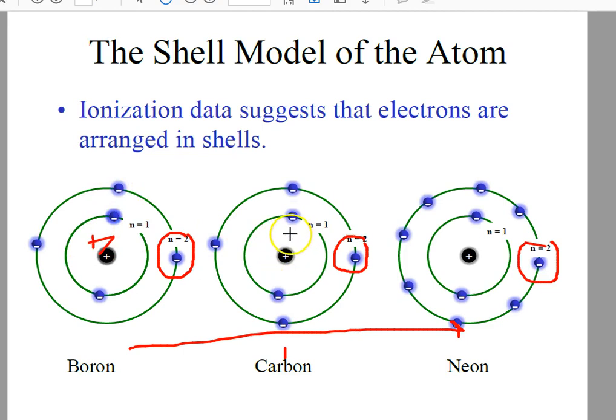While carbon has 6 protons, so it's a +6. And then neon +8. So if they're on the same row, they have the same rings, the distance is about the same. It's because those protons are pulling those electrons in tighter simply because you have more protons.